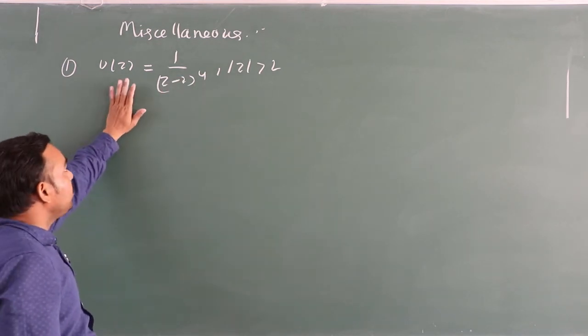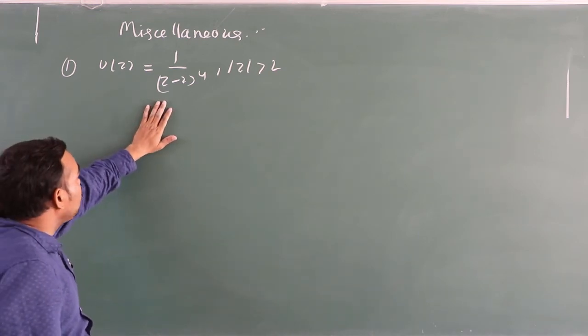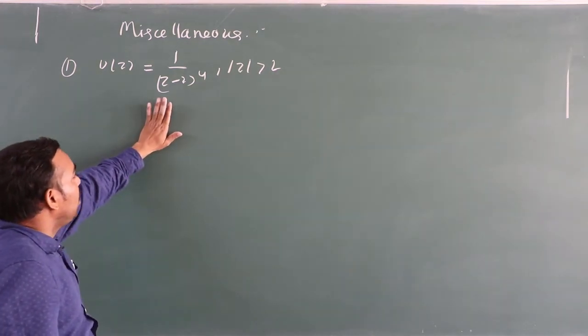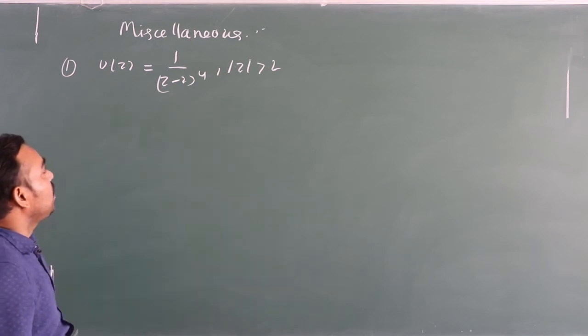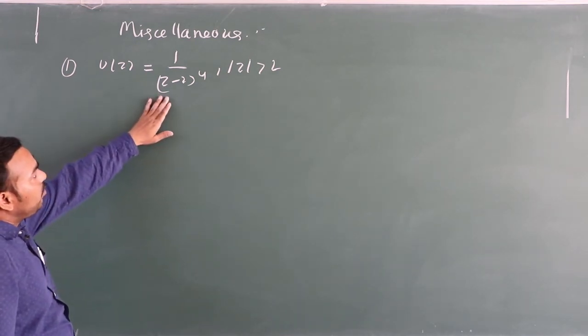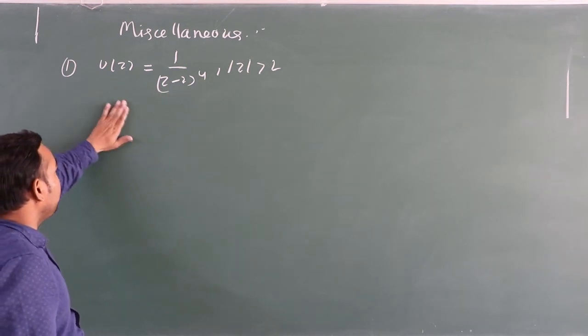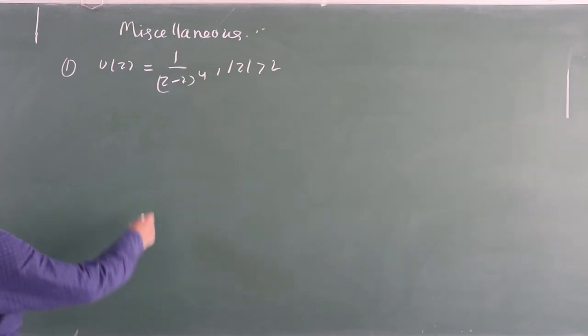You can solve this by the power series method, or the divisor method, or the residue method, or the partial fraction method. I think if we solve by partial fraction method, it will take a lot of time.